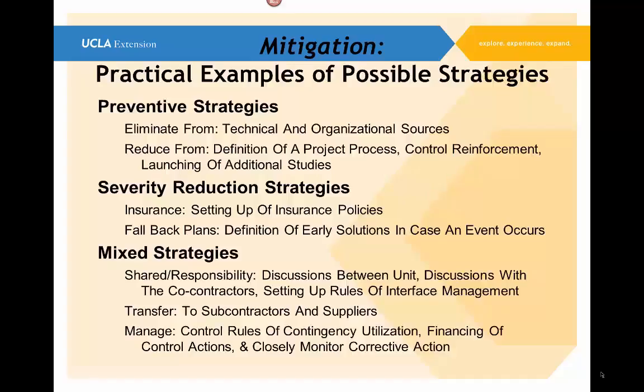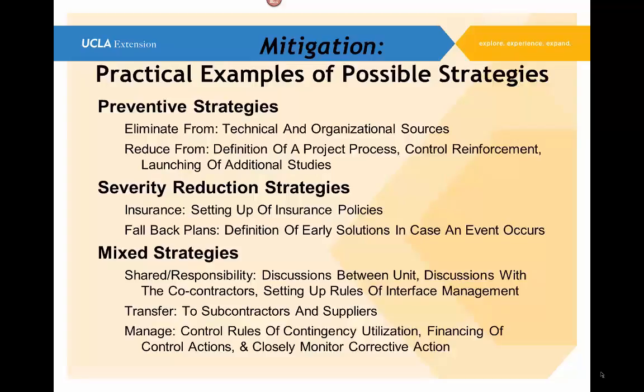If it's something to do with a project process that makes things difficult for the project or control, what you might do is launch some additional studies or some additional work on trying to reduce the impact or the probability of a risk, trying to reduce the severity.